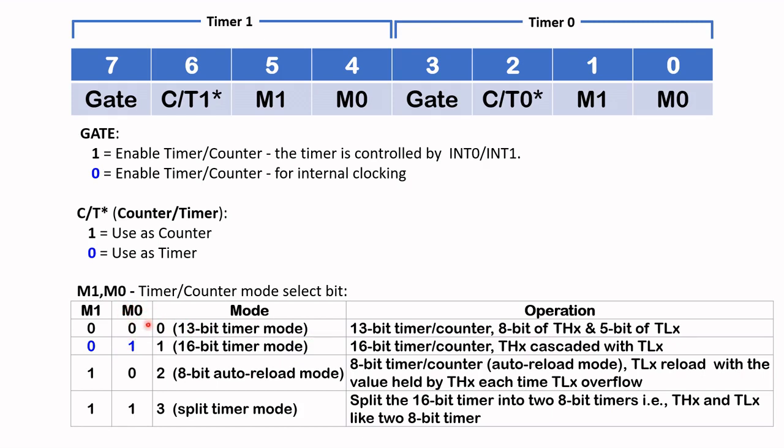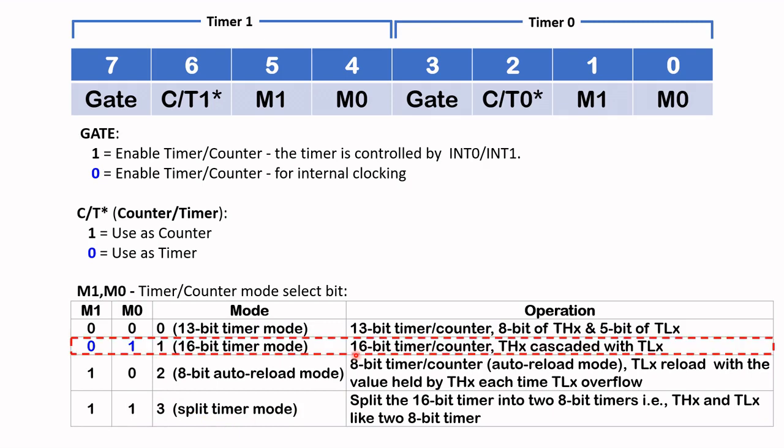If M0 is a 1 and M1 is a 0, then it's operating in mode 1, which is a 16-bit timer mode. And if M0 is a 0 and M1 is a 1, then it will be operating in mode 2. That would be an 8-bit auto reload mode. And if M0 and M1 are 1, then it operates in mode 3. That is a split timer mode.